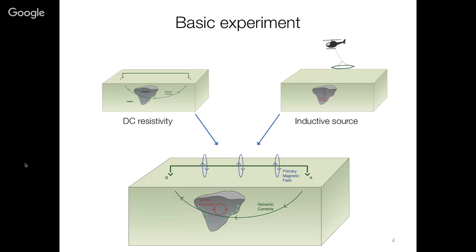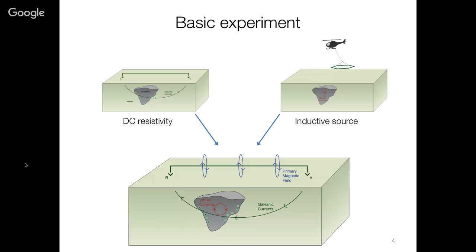The good thing about taking the material as we've done up to this point is that we've actually focused on two end members. The DC resistivity, which involves putting a current into the ground, and then remember we got all these charges that were built up, and we used those to get the electric fields.